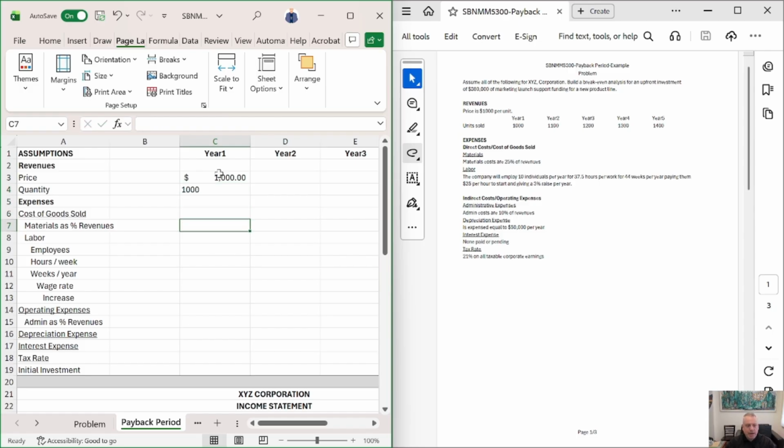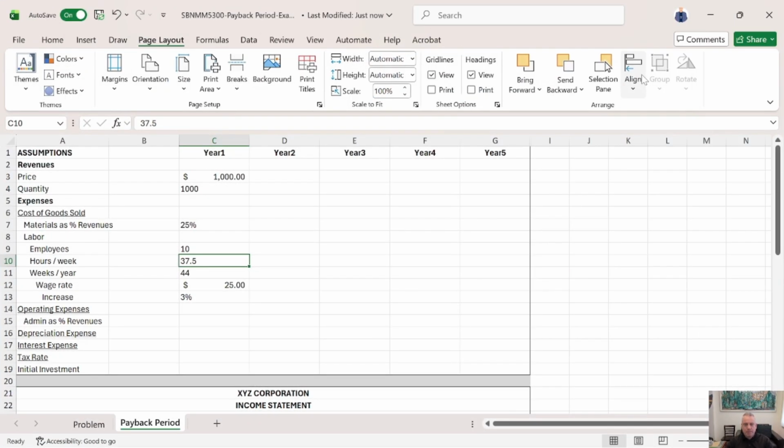Moving downward, our materials as a percent of revenues are going to be 25%, and our labor is going to be 10 employees working 37.5 hours per week for 44 weeks per year, and they make $25 per hour. And notice I included a line for a 3% increase so I can do some calculations. Let's move this into the foreground and we'll come back to the problem later.